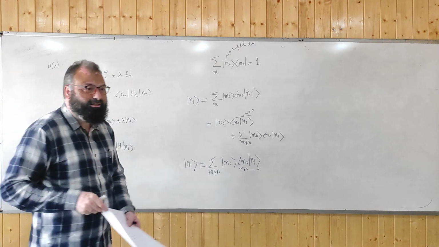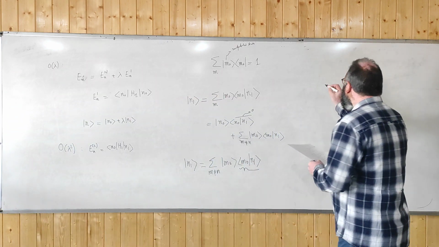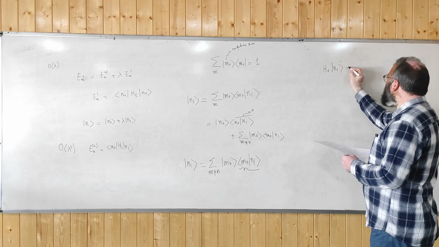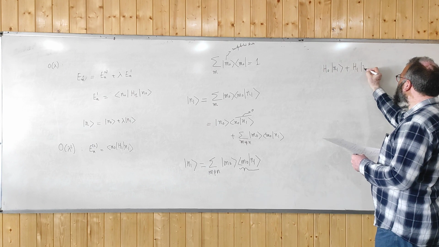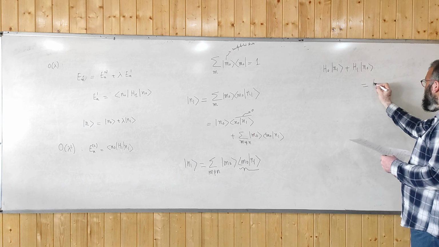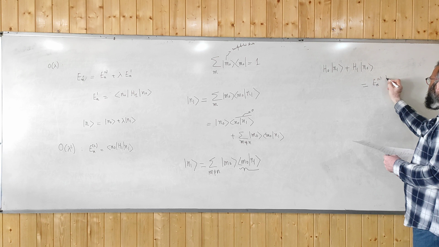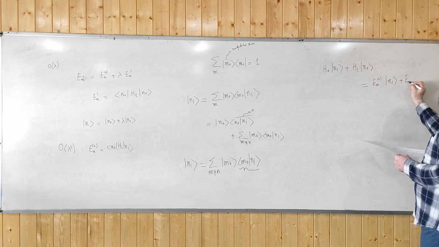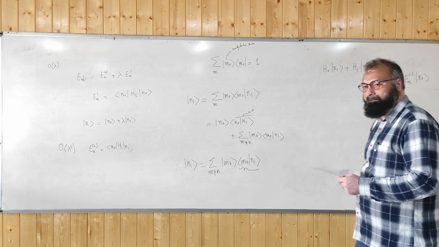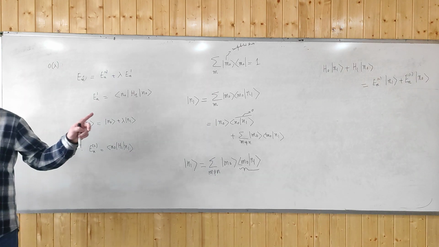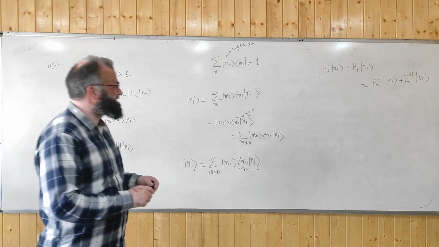We have at order of lambda: H0 N1 plus H1 N0 equals En0 N1 plus En1 N0. Is this the equation? Okay, good.